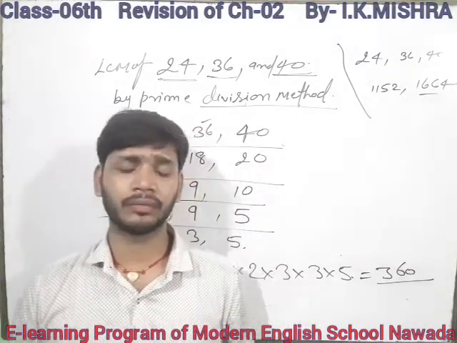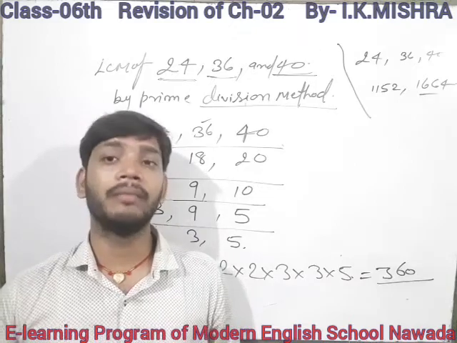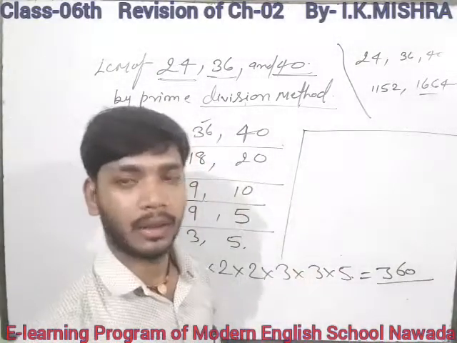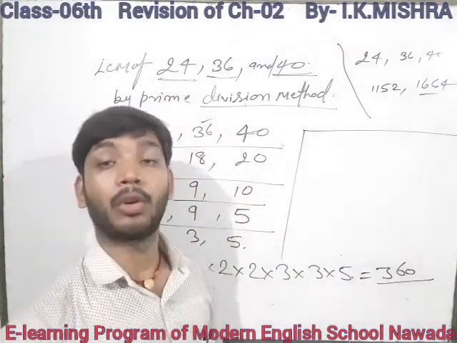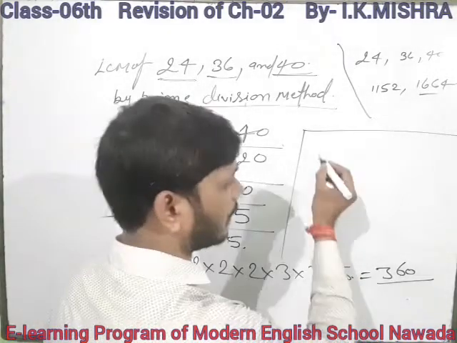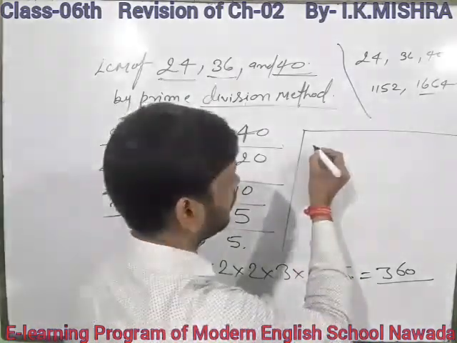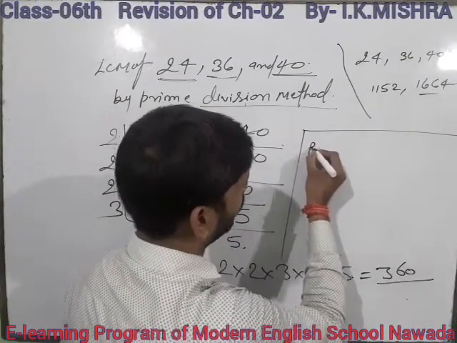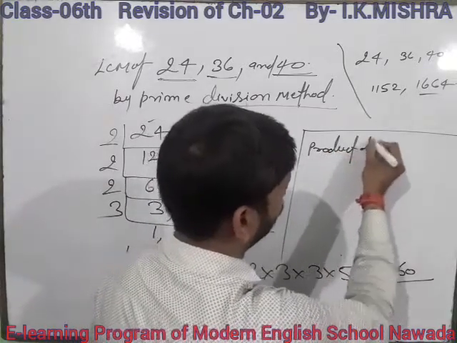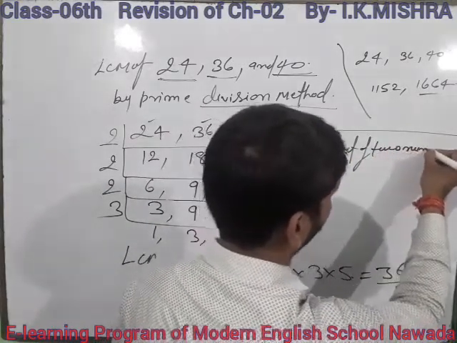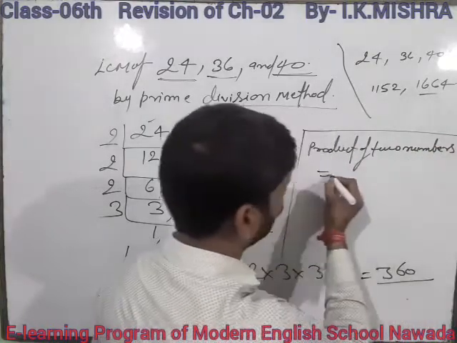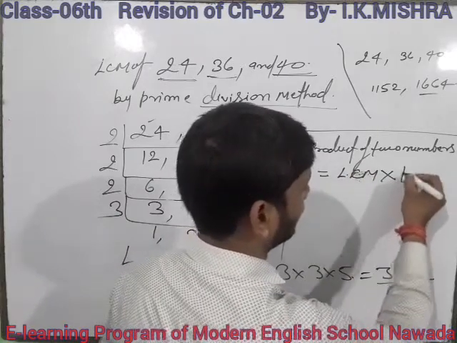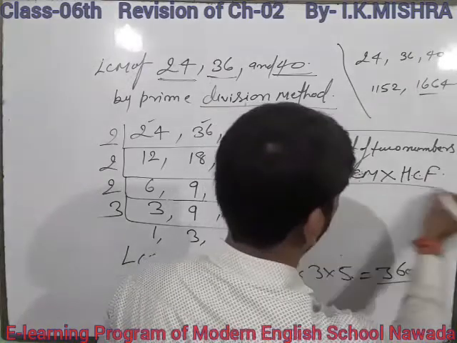Students, when you are given two numbers and have to find the LCM and HCF, if the product of the numbers is given, here is a remark, a very important thing. The product of two numbers is equal to LCM into HCF of those numbers.